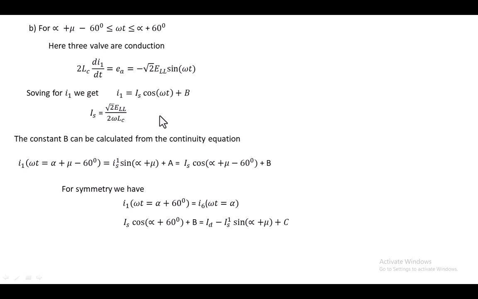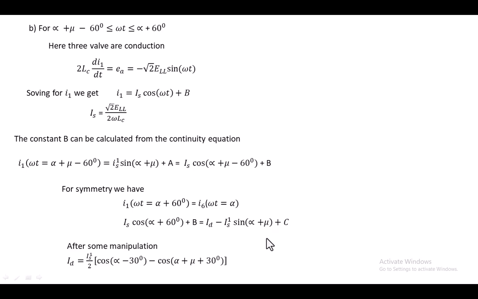In place of omega t, substitute alpha plus 60. So we got Is into cos of alpha plus 60 plus b equal to, we know the expression of the I6 previously, Id minus Is dash sin of alpha plus mu plus 6.